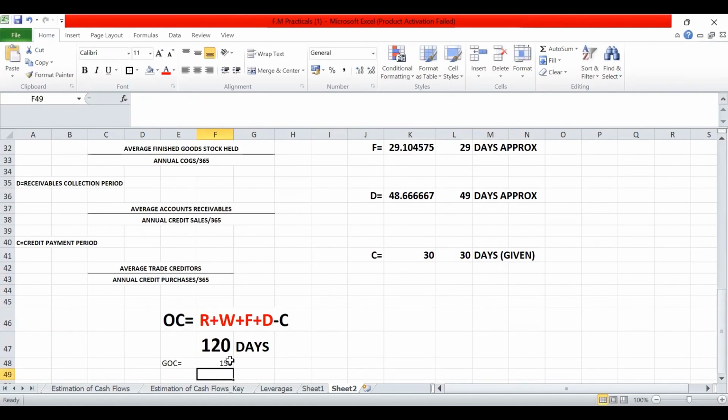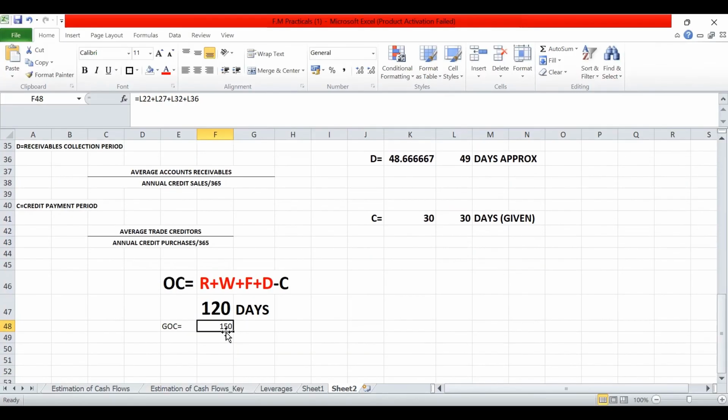So this is your gross operating cycle, and your net operating cycle is received by subtracting the credit payment period. So this is your net operating cycle.